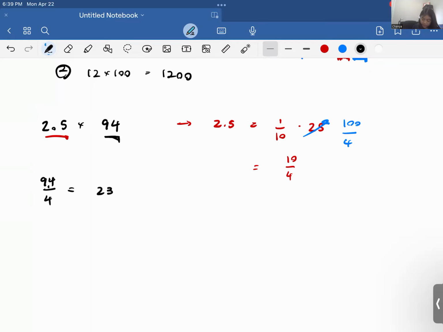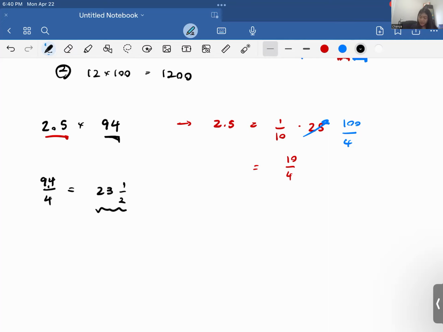So you get 23 with a remainder of 2. But we don't really want to write remainder of 2 here or keep dividing. We want to write this as a fraction. So if you divide this remainder by 4, you get 2 over 4, or if you simplify, that's equal to 1 over 2. So when you divide by 4, you get 23 and 1/2.